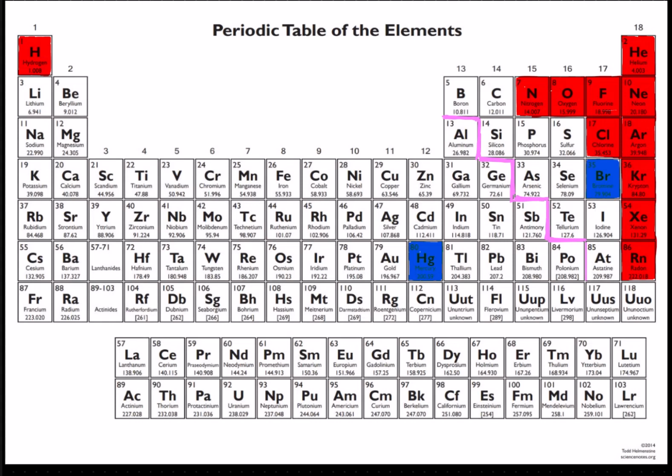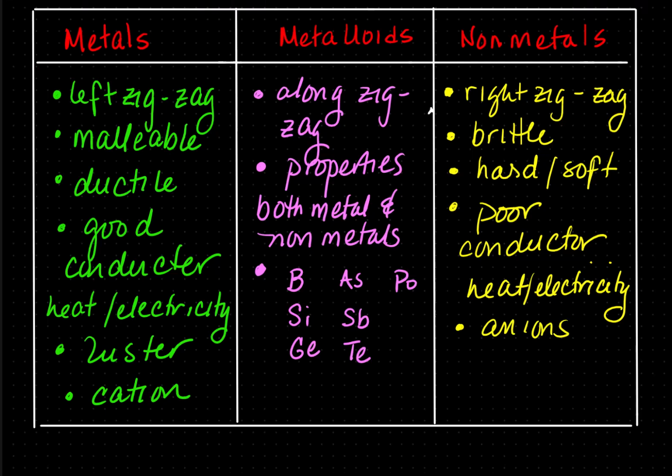The periodic table is also divided by the zigzag line. The pink zigzag line shows the separation of the metals, nonmetals, and metalloids. Metals are located on the left of the zigzag line. They are malleable.